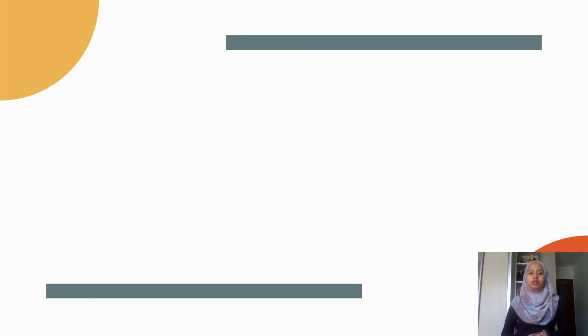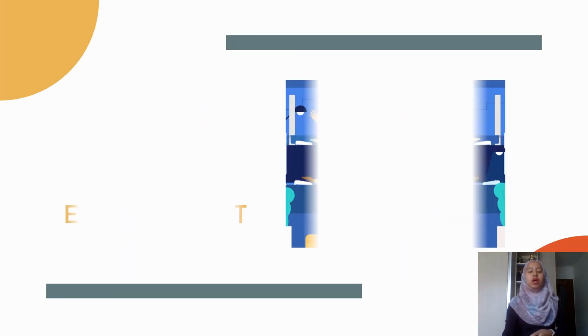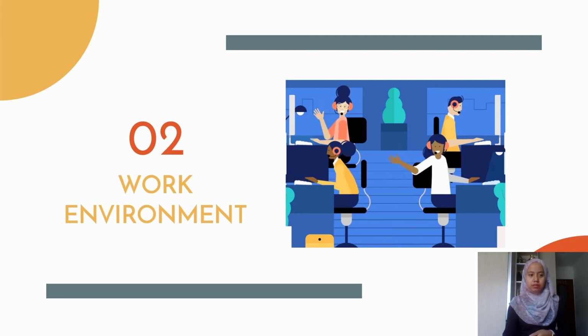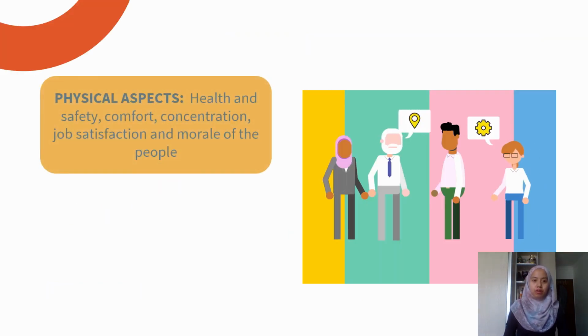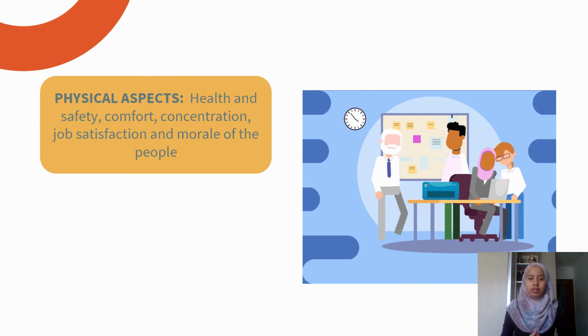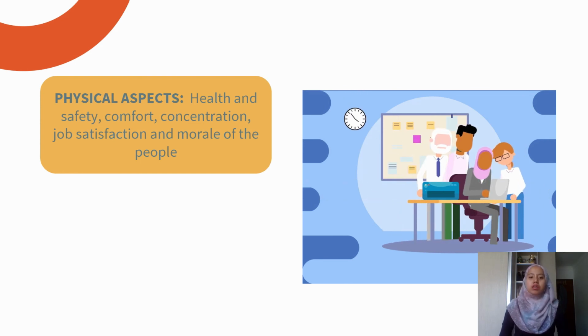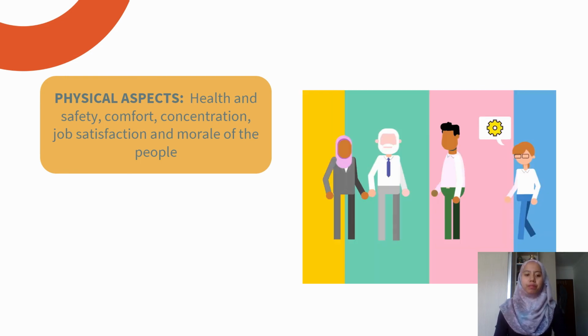The second factor to be considered in choosing a job is work environment. The physical aspects of work environment are health and safety, comfort, concentration, job satisfaction, and morale of the people.